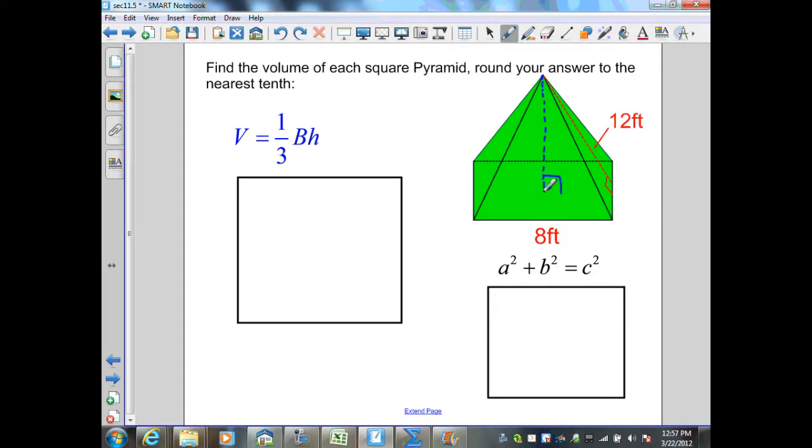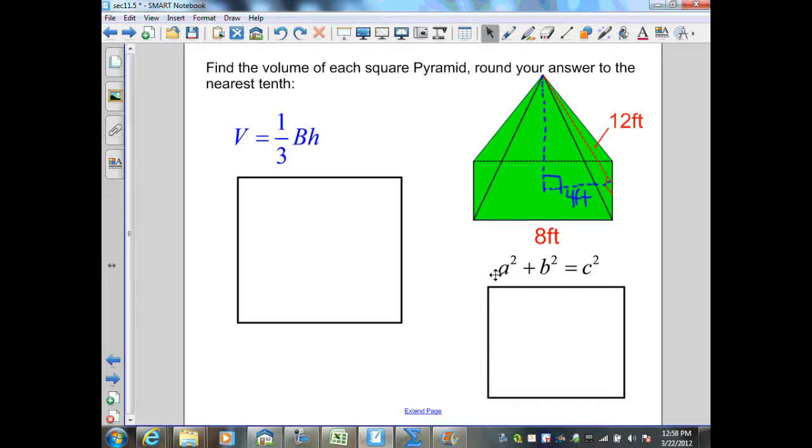So what I need to do is generate a right triangle, and I know that the altitude would bisect the base edge, so I know that this would be 4 feet. And now I have a right triangle. I know one leg, and I can determine the other, given the leg and the hypotenuse.